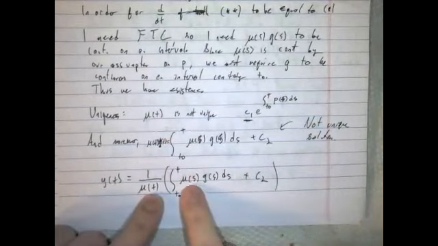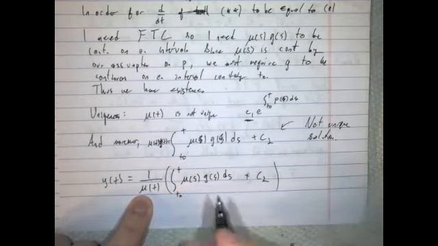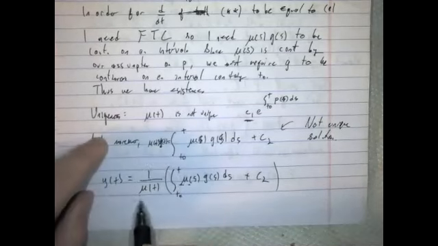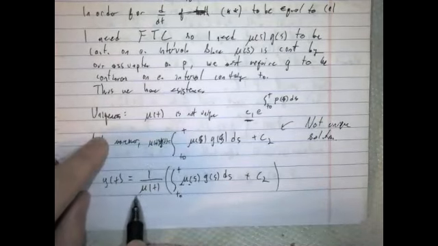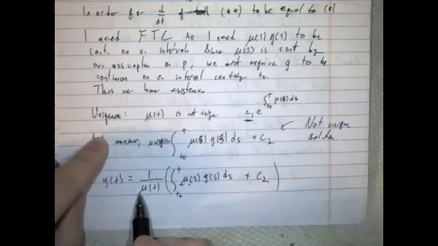Now, let's look at this function right here. If I change mu of s by multiplying it by a constant, well, I'll be multiplying in the numerator by some constant over here, and I'll be multiplying in the denominator by some constant over here. And so I can pull this constant out of the integral, and it will cancel with the constant over here.